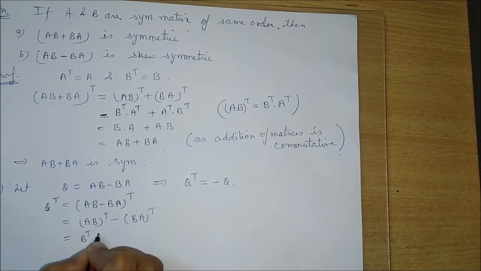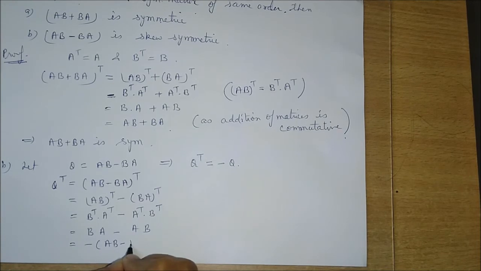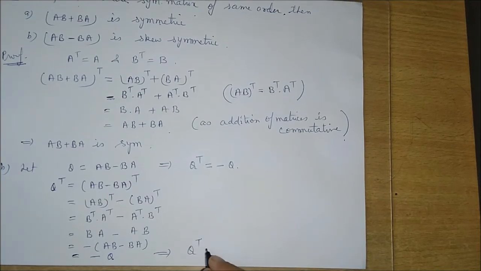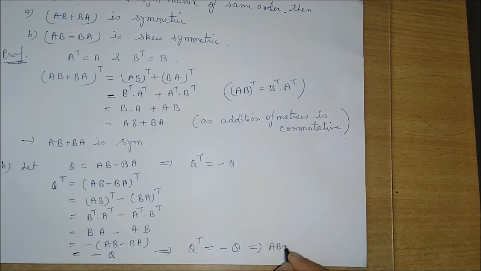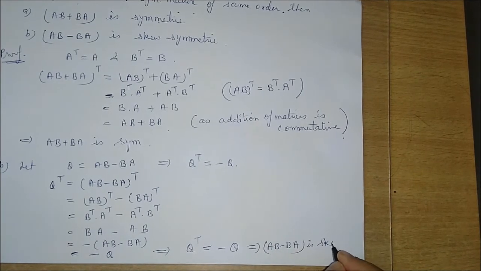B transpose A transpose minus A transpose B transpose. So it can be written as BA minus AB. Taking minus common, minus of AB minus BA, so this will be equal to minus Q. As we get transpose of Q equals minus Q, that implies AB minus BA is a skew symmetric matrix.